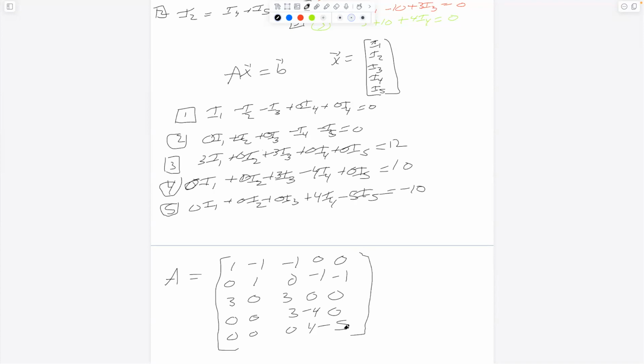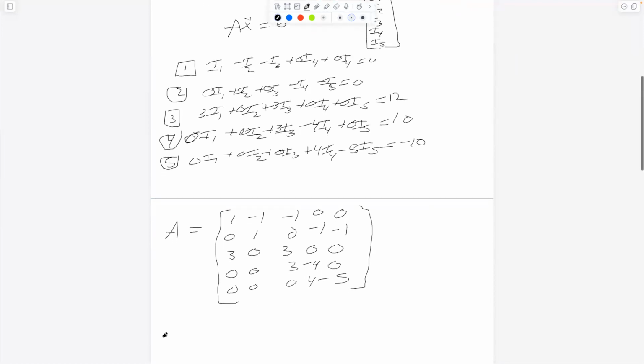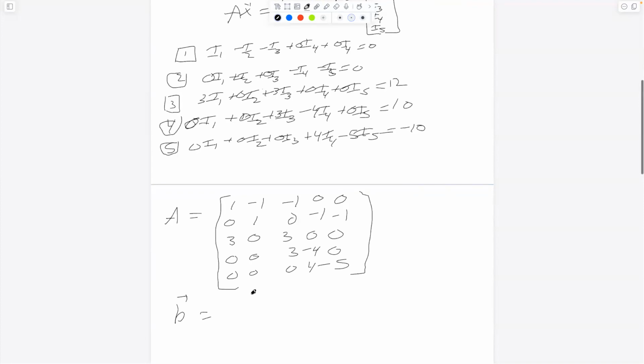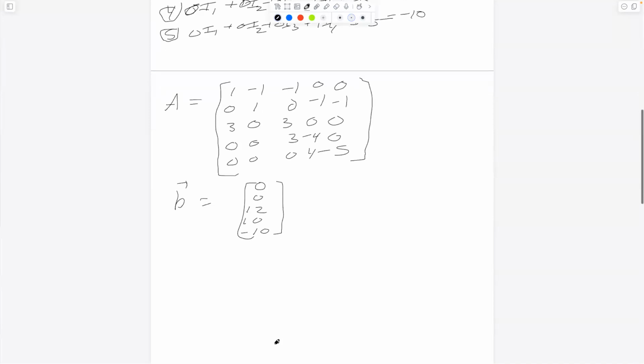That's my matrix A. My column vector on the other side is just all these coefficients over here. So that's 0, 0, 12, 10, -10. Now we have the fact that A times my variable vector equals my constant vector.